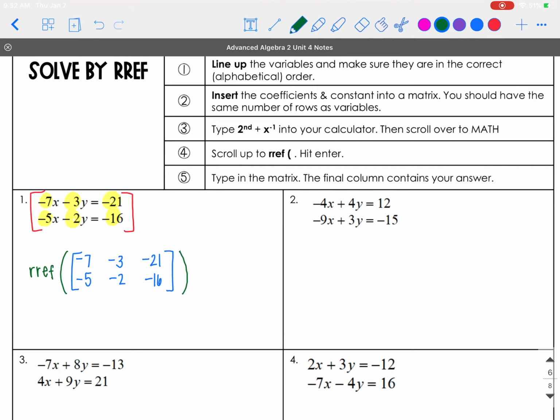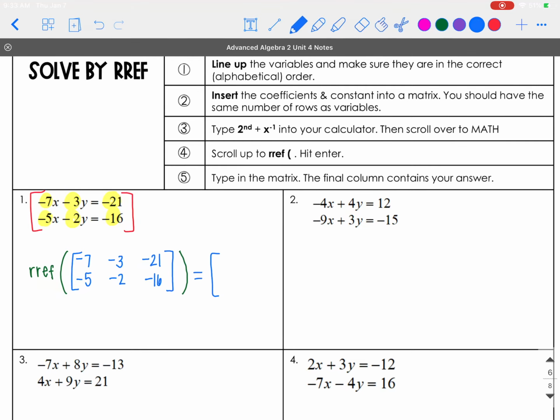Then you're going to type in the matrix. Now is when you hit alpha zoom, and it's going to be a 2 by 3 matrix. And you're going to type in those numbers. -7, -3, -21, -5, -2, -16, and hit enter.